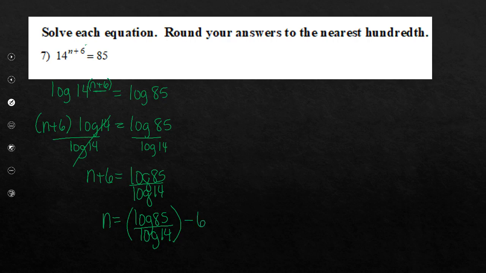That will give you the most precise answer, unless you just do log of 85 divided by log of 14, press enter to get that number, which is approximately 1.6834. And then if you subtracted 6 after it, you would get your end value to be approximately negative 4.3165. So we would round that to negative 4.32 as our value for n, rounded to the nearest hundredth.